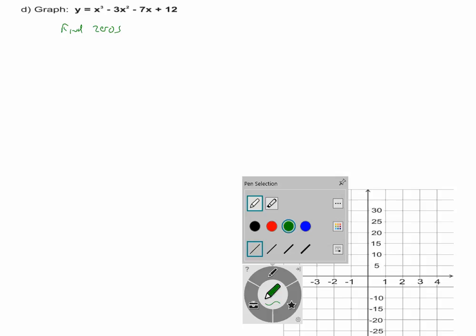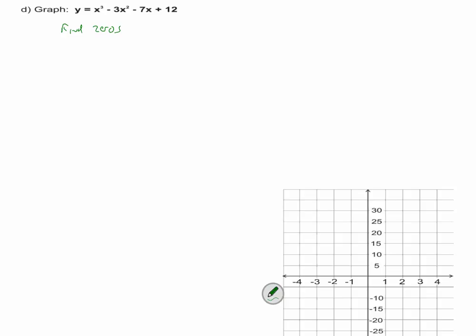Now, thankfully, the lead term is a 1. So you got plus or minus 1, plus or minus 2, plus or minus 3, plus or minus 4, plus or minus 6, plus or minus 12, right? As possibilities in the zero remainder factor.